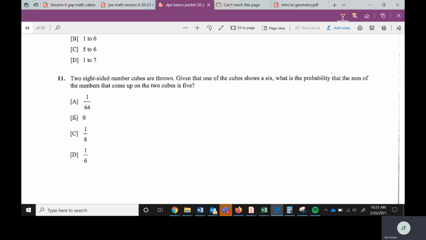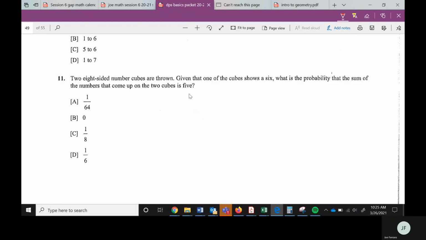Says 2 8-sided number cubes are thrown. So 8-sided. Given that one of the cubes shows a 6, what is the probability that the sum of the numbers that come up on the 2 cubes is a 5?